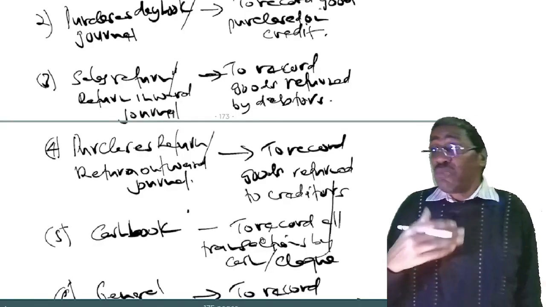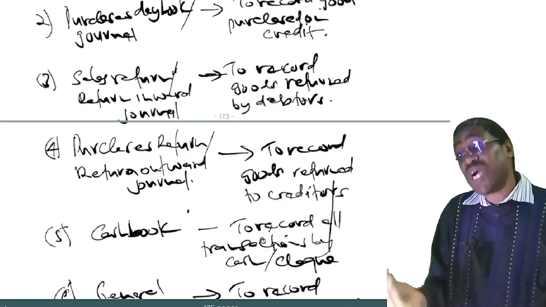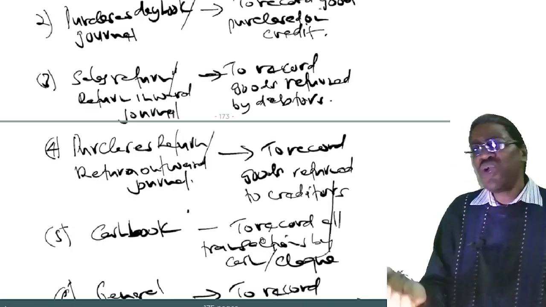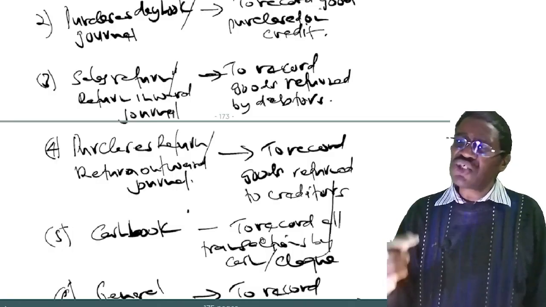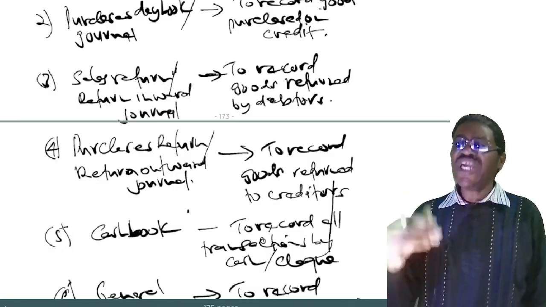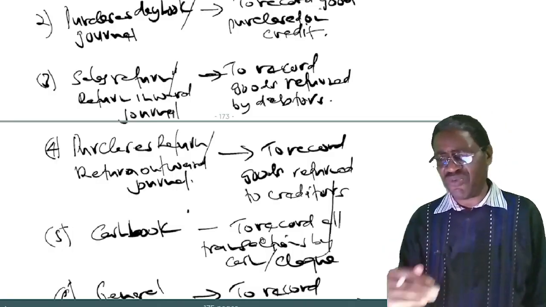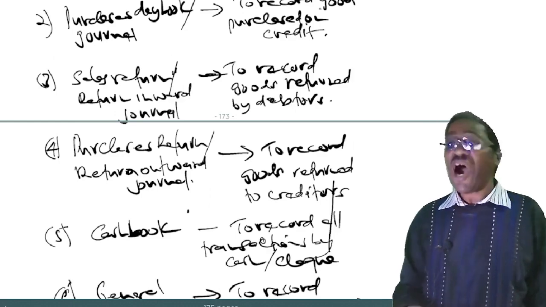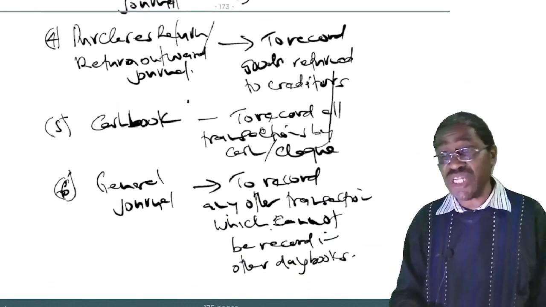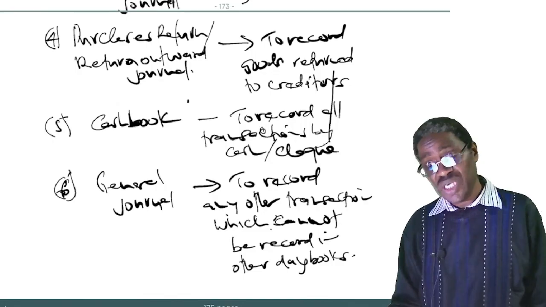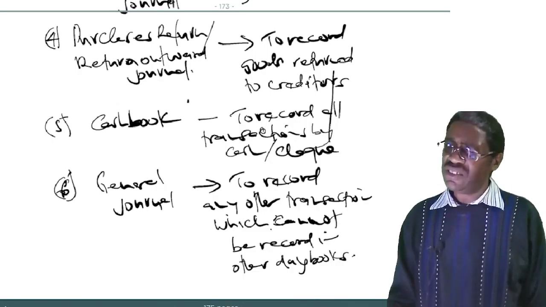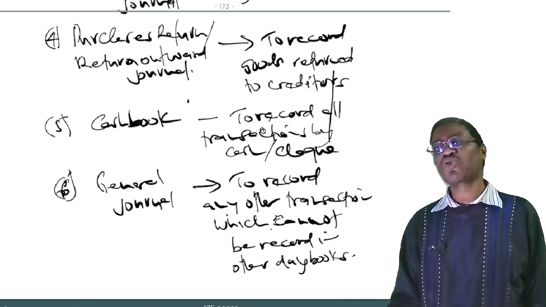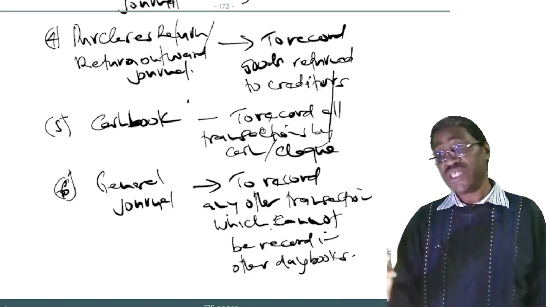If you had bought the motor vehicle by cash, then you would record it in the cash book. But here you are buying on credit. That transaction cannot be recorded first in any other journal, so you have to record it in the general journal.